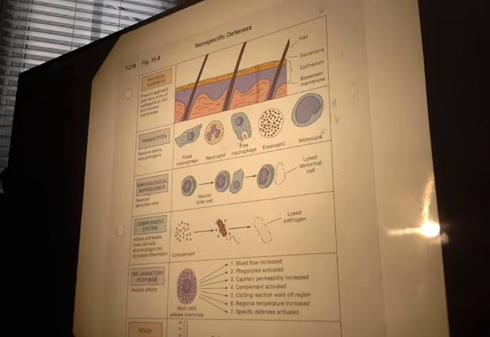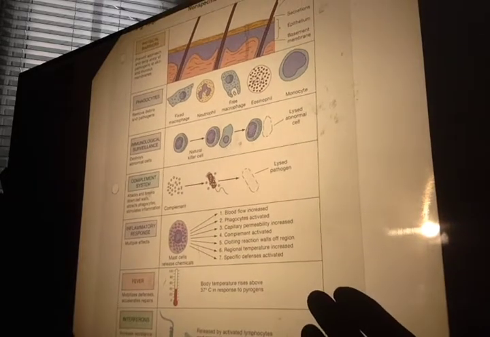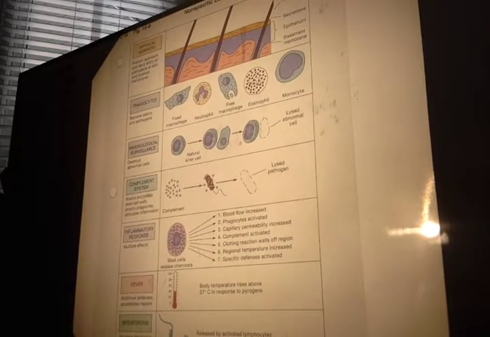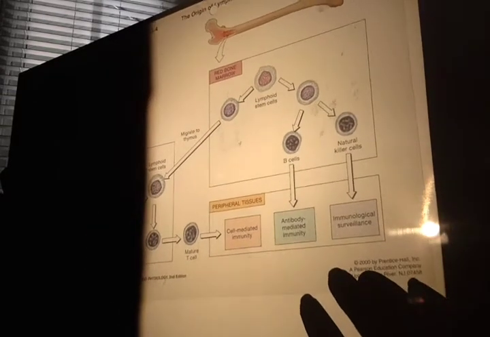So we've gone through all the different component pieces here of the non-specific defense. Now, just a brief preview of what we're going to be talking about with the next lecture, after the test. There are other types of lymphocytes.